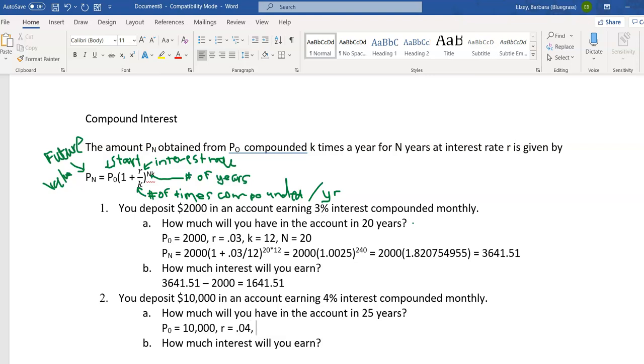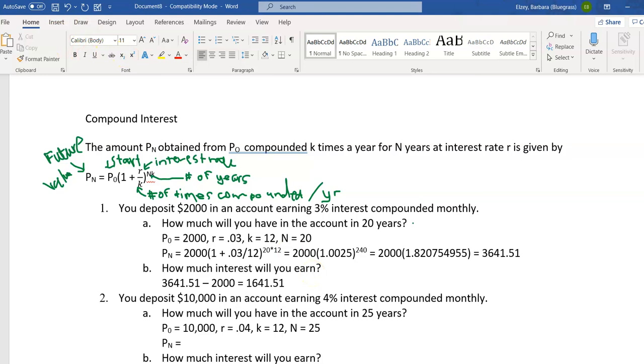Our number of times that we are compounding, well, we're compounding monthly, so that's 12 times per year. So K is 12. And we're going to do this for 25 years. Okay, so let's plug into our formula. Again, we don't know our P sub n, that's still going to remain as a variable.